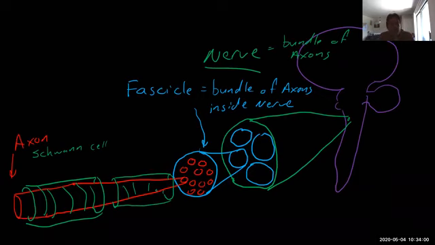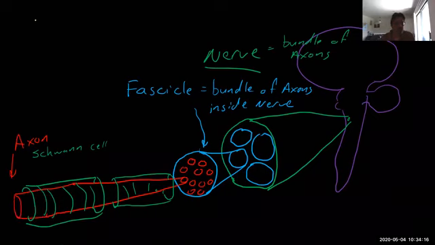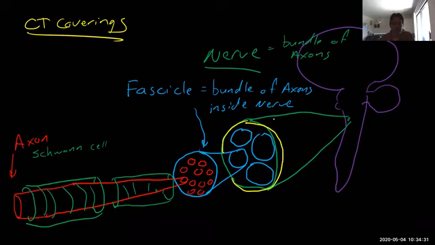Now, the thing I would like to point out is that each of these layers within the nerve and around the nerve is bundled by a layer of connective tissue. We have these different connective tissue coverings. So to show you some of these coverings, the first one that we'll look at completely surrounds the nerve itself. So outside the nerve, there's this layer of connective tissue that's bundling this whole thing together.